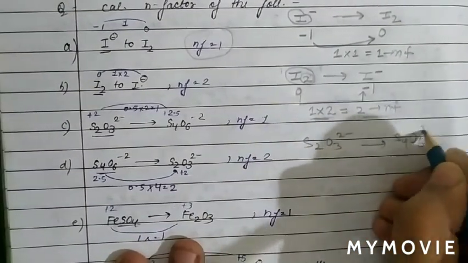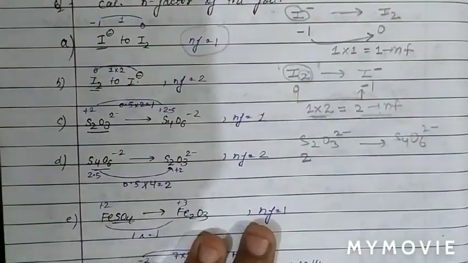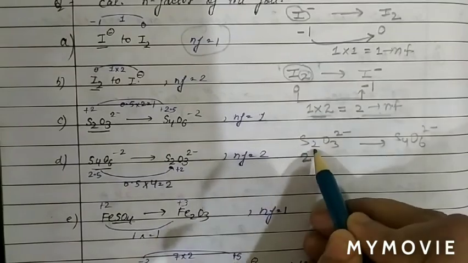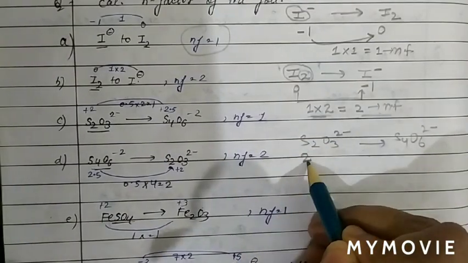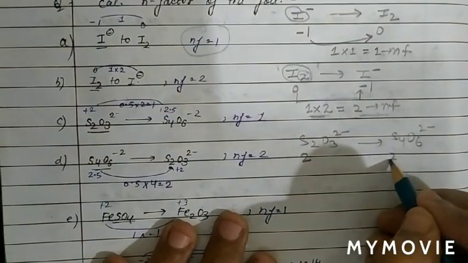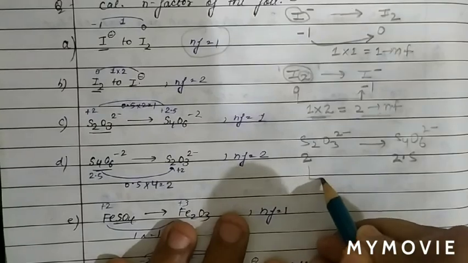The oxidation state of sulfur for one atom, 2x minus 6 equal to -2. So 2x equal to 4, x equal to 2. And oxidation state of sulfur for one atom in this compound is 2.5. Basically, the oxidation state for one atom changes by 0.5.